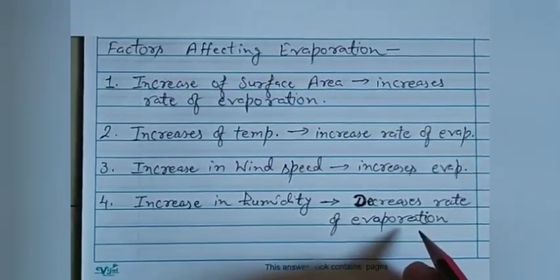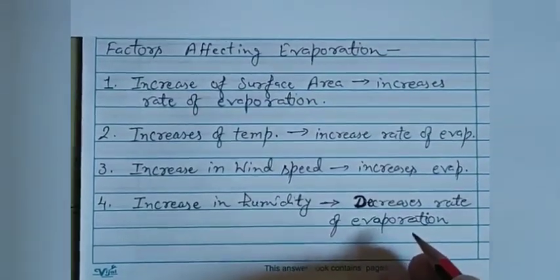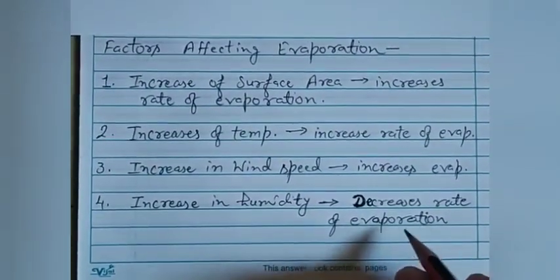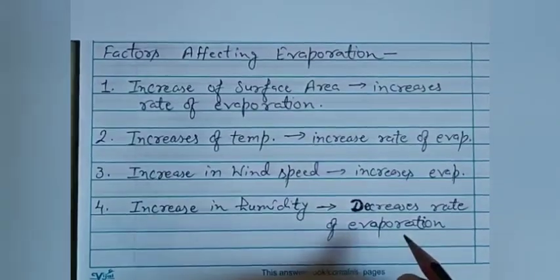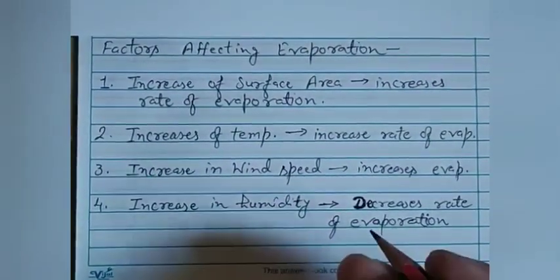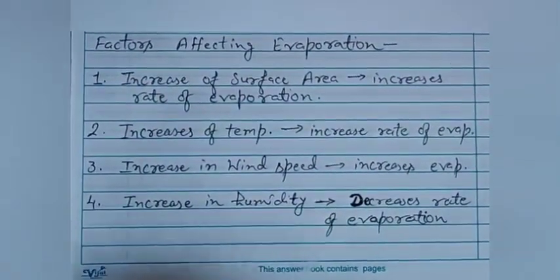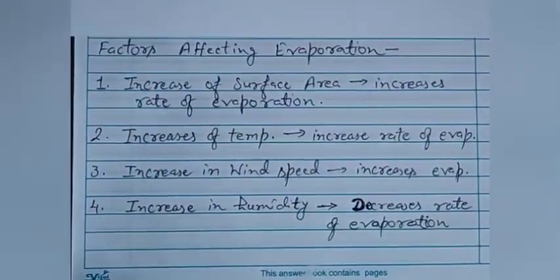For example, in the coastal areas which are near the sea, the rate of evaporation is slower. We can understand this in normal conditions: in the summer season, when we put the clothes out, they quickly dry up.